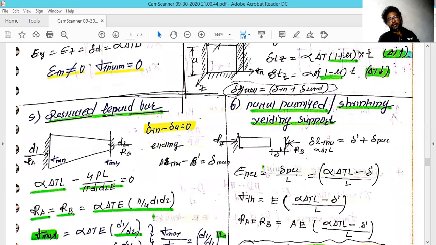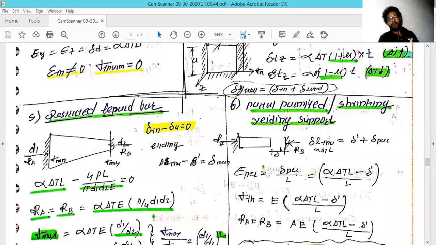And if you want to find out the permissible strain in this rod, it is the change in length divided by the original length. So in this condition, if you put the above formula in, it is alpha delta t into L minus delta dash, divided by L. You are very well aware that if you find the value of strain in thermal stresses, you can find out anything.